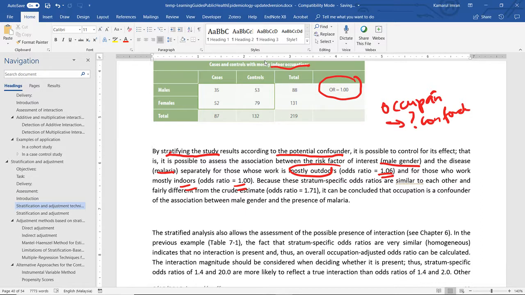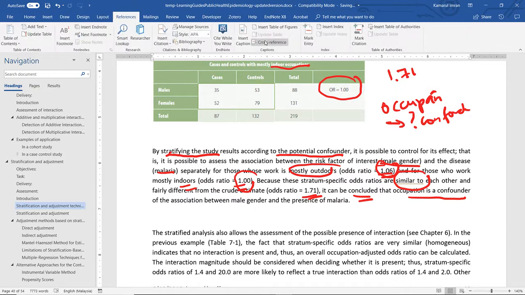So not much different, 1.06 and 1, similar, compared to the crude, which is 1.71. So it can be concluded that occupation is a confounder.